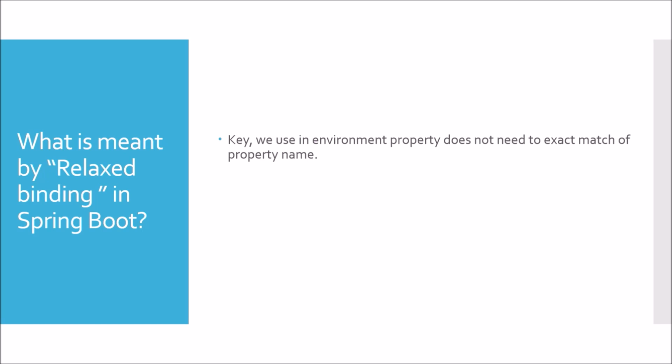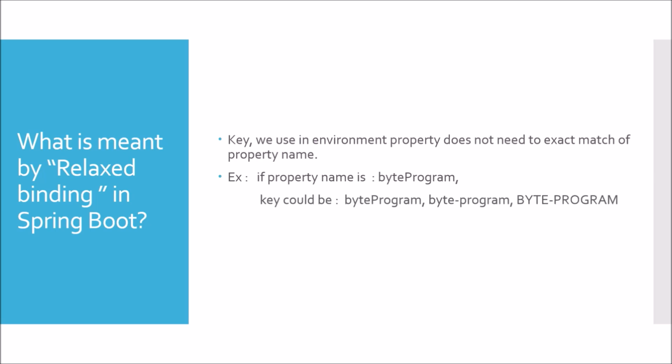For example, if the property name is byteprogram, then the key could be byteprogram, byte-program, or BYTEPROGRAM in capitals also. So this is called relaxed binding. The names should be the same irrespective of form. It could be in small case, it could be in camel case, or it could be separated by hyphen.